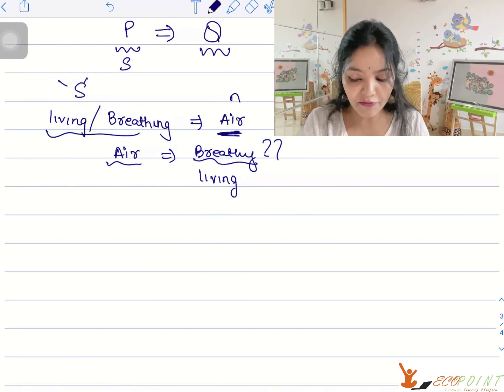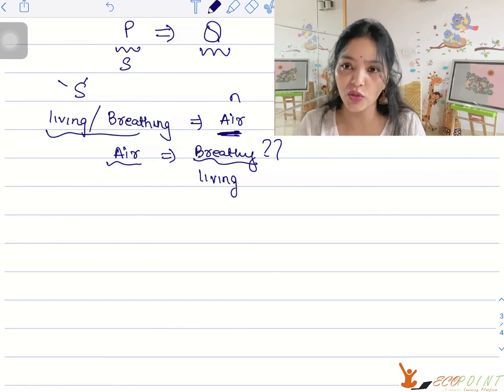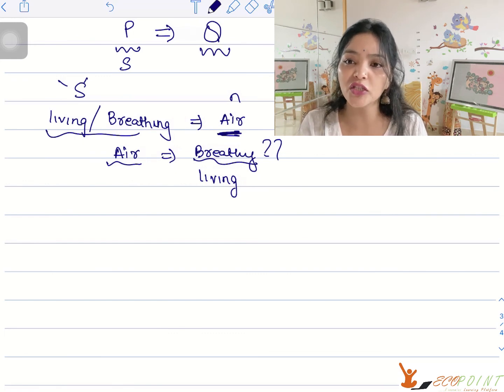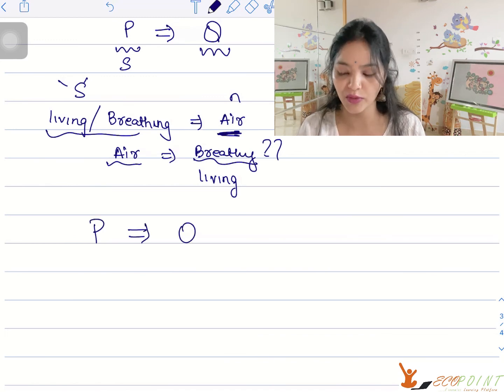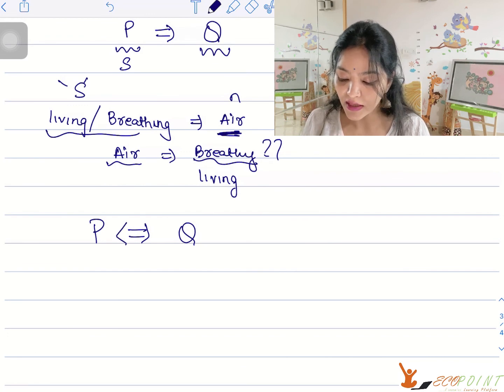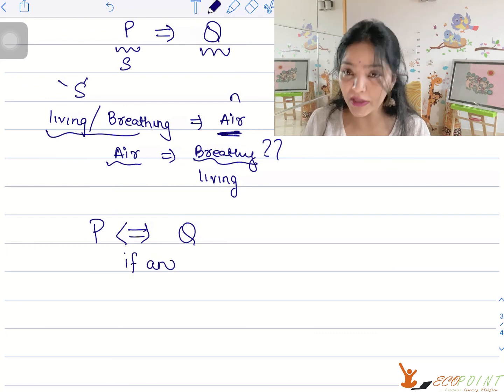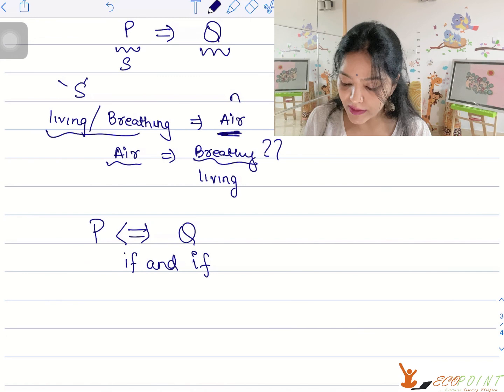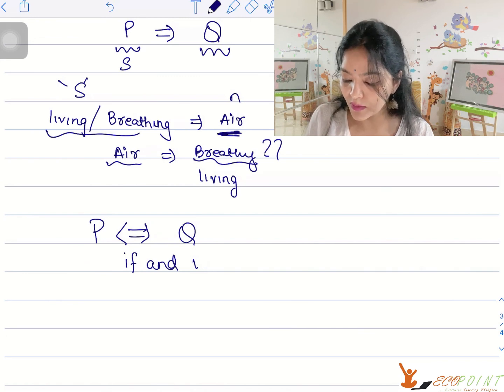Every implication or every conditional statement has a necessary part and a sufficient part to it. You need to understand it thoroughly. You need to basically understand, in case it's written if and only if. When you have a double implication or equivalence like this, this basically means you have an if and only if relation.